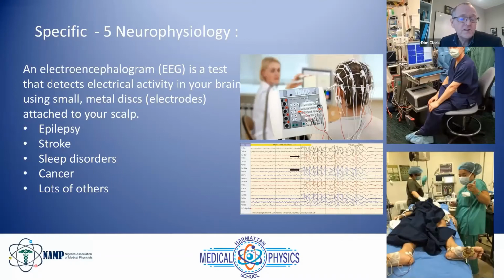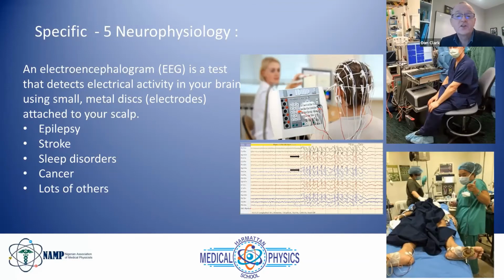But it's also used in other areas. We can use this while patients are asleep to identify if there's problems with sleeping and sleep disorders, and we can use techniques like this to see if there's been any damage to the brain, either from trauma or more typically in a hospital setting from a tumour, from cancer that might be attacking part of the brain. So we can make these clever measurements on the brain activity and identify what's going on.